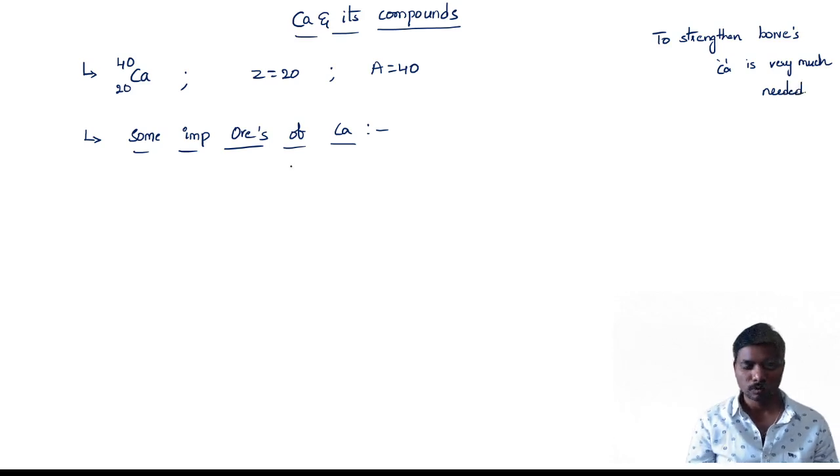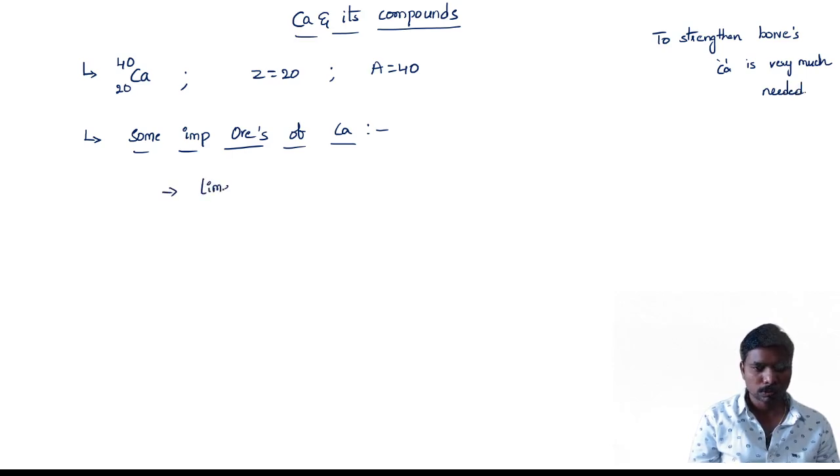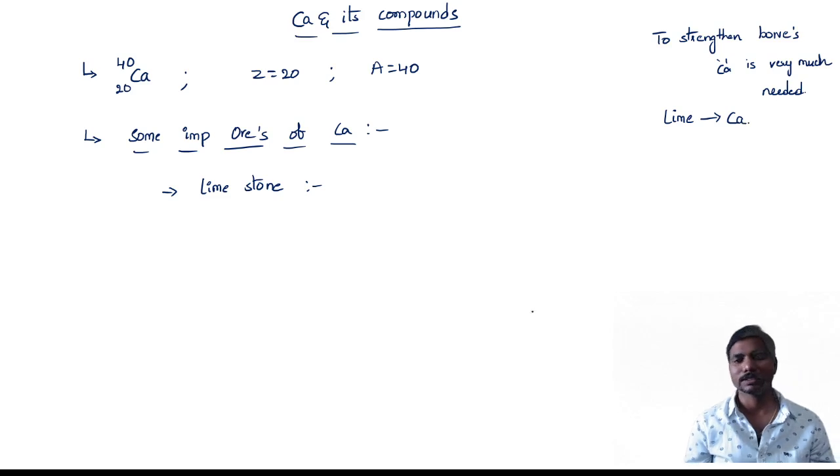Okay, some important ores of calcium. The first one, limestone. Here, one more important trick. Remember this: whenever you have the word lime, it belongs to calcium only, guys. If the name starts with lime, it belongs to calcium only.